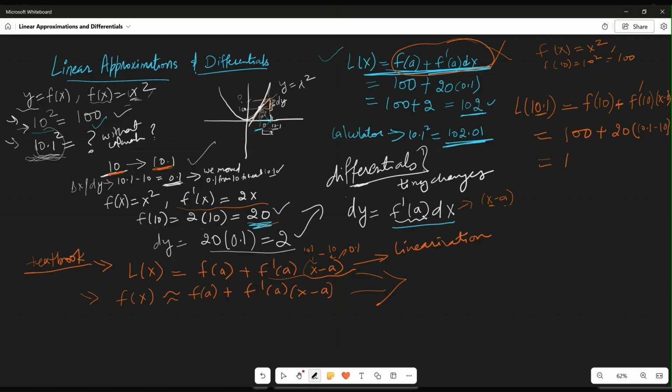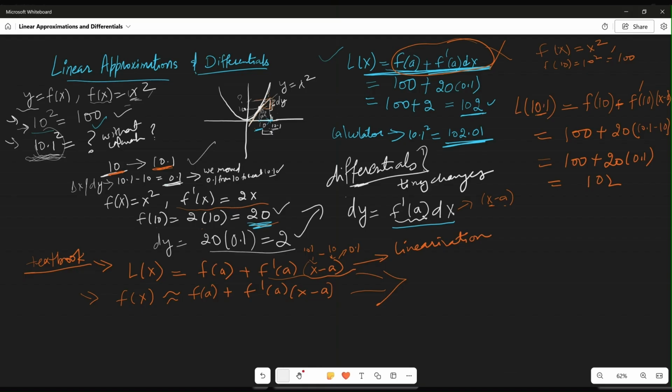So 100 plus 20 times 0.1 gives you 102. This gives us the approximate value, right? The calculator says 102.01. So we are very close.